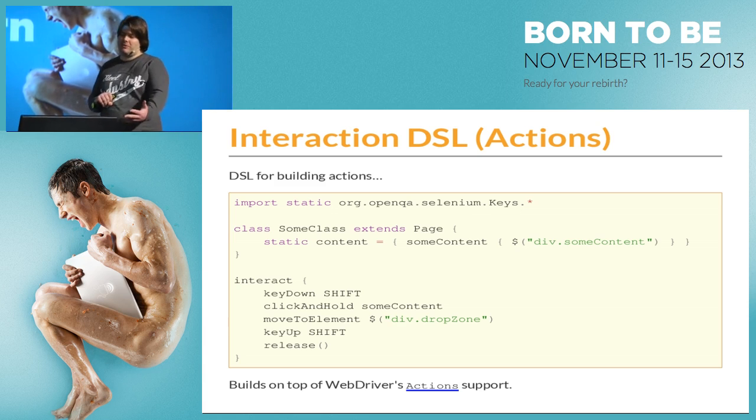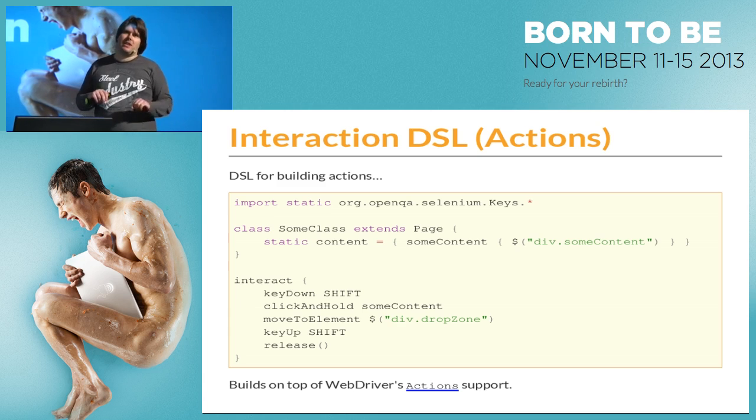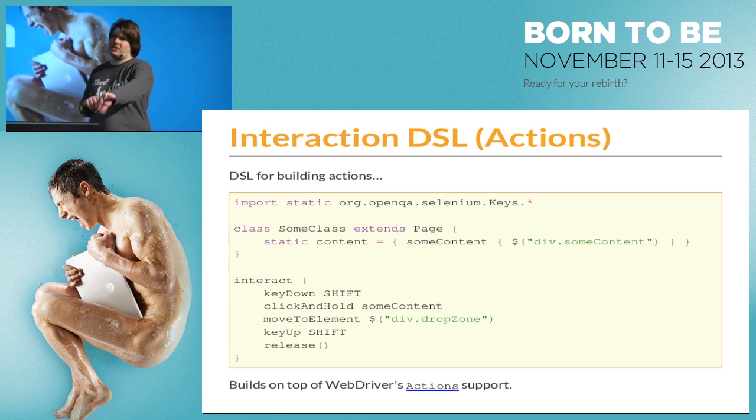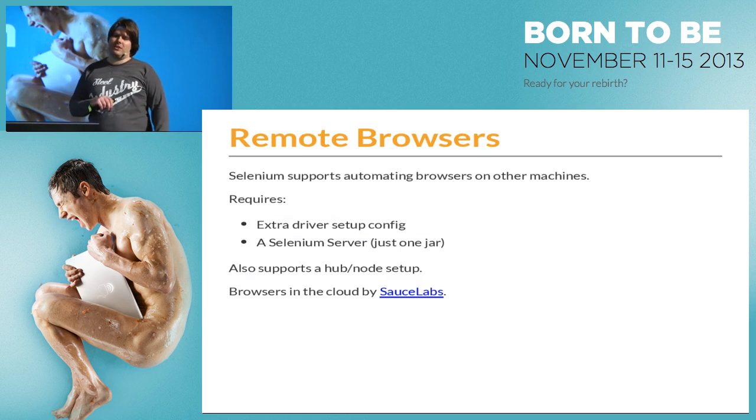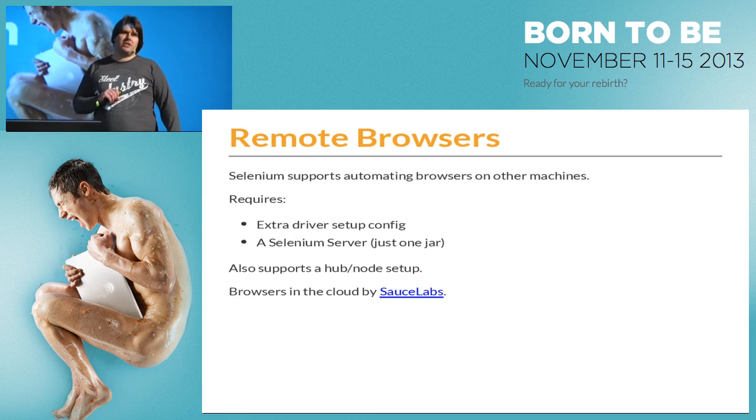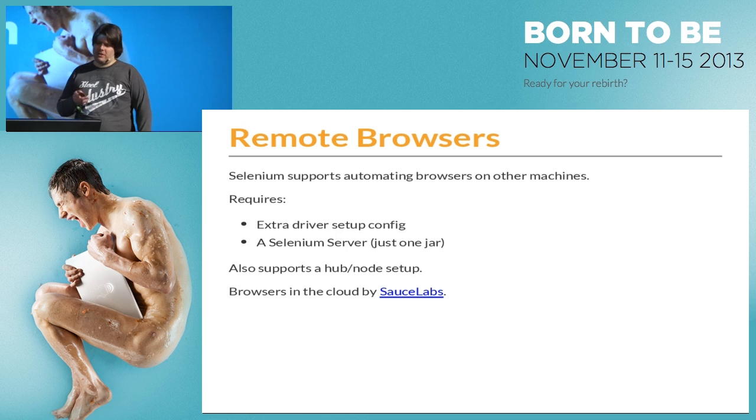The advantage of that is that these are the real operating system events. These aren't simulated events. So if you need some advanced interaction, you should first use that interaction DSL, and only if there's something that you can't do using that, then consider using the jQuery way. So a really nice way for advanced key interaction, mouse interaction, and so on.